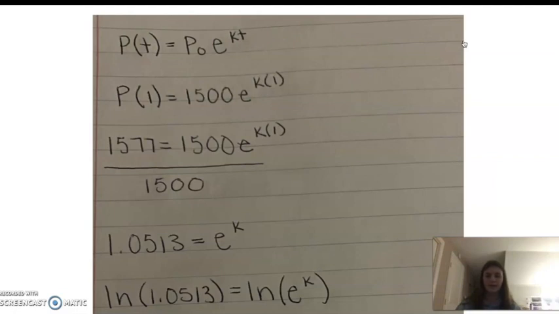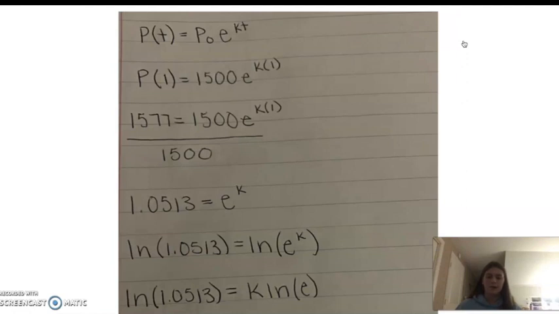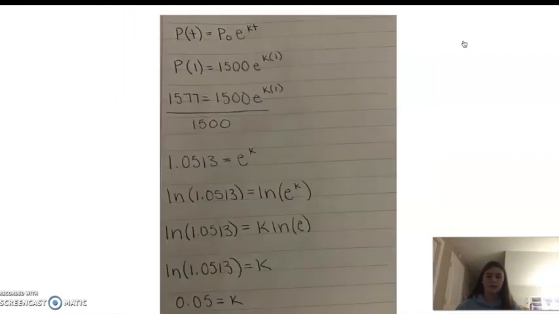Then we can take the natural log of both sides, and we have ln(1.0513) = ln(e^k), and our log rules tell us that we can bring the k to the front. So we have ln(1.0513) = k times ln(e). And the natural log of e is just 1. So then we have 0.05 = k.